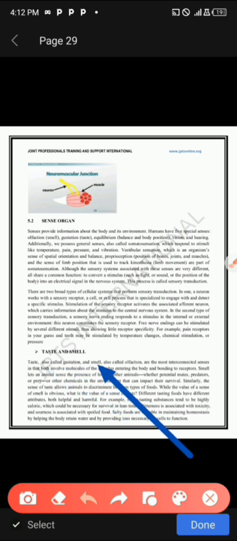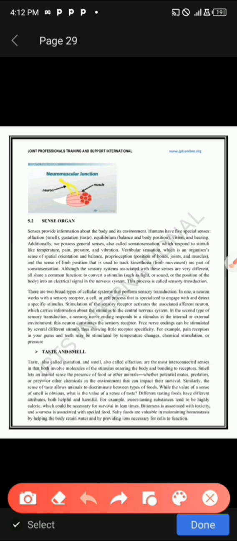This is talking about taste. When you eat sour food, you'll be able to detect whether that food is good or not. Smell, when you perceive an odor that is offensive, you may be able to detect that that odor is not good.